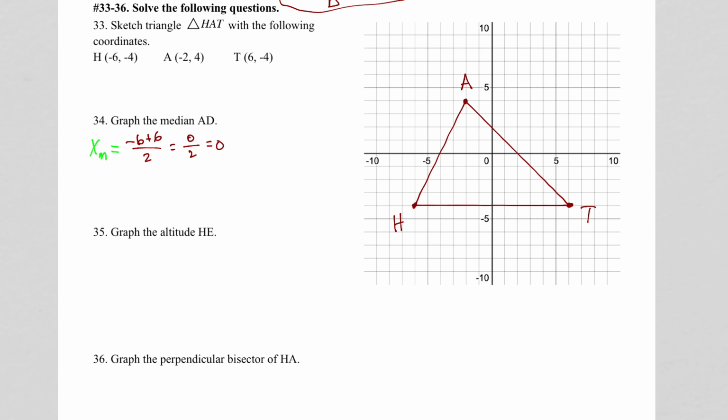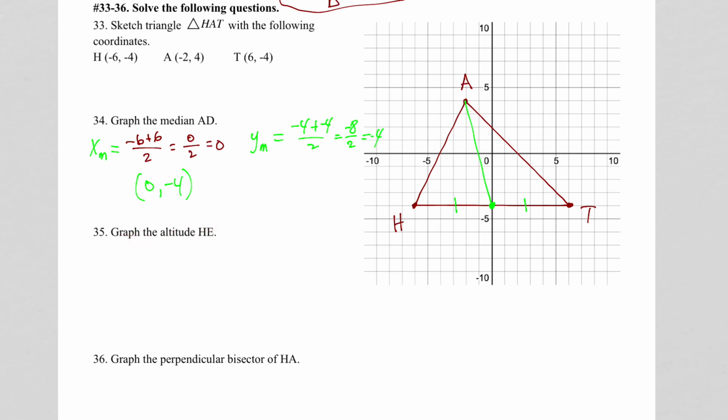The y value of the midpoint is the sum of the y's divided by 2. So negative 4 plus negative 4 over 2, which is negative 8 over 2, which is negative 4. So the midpoint is 0 for the x and negative 4 for the y. So this is the midpoint right there. And then I draw a line from there to there.